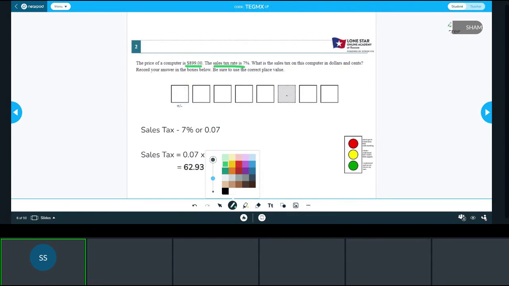But if your answer is positive, just leave it blank. You really don't need to enter a positive sign. So 62.93 goes in like this. Okay. Let's go ahead and move on to the next question.